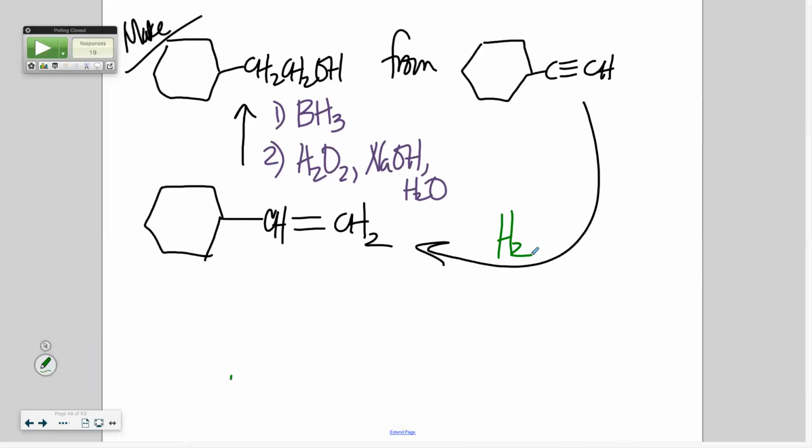Okay, so how are we going to put them on? Yeah, you could use H2 and Lindlar. You could also do the dissolving metal reduction. It doesn't matter because there's no cis. Okay, so you're getting into the swing of it a little bit? No, it's going to take practice.